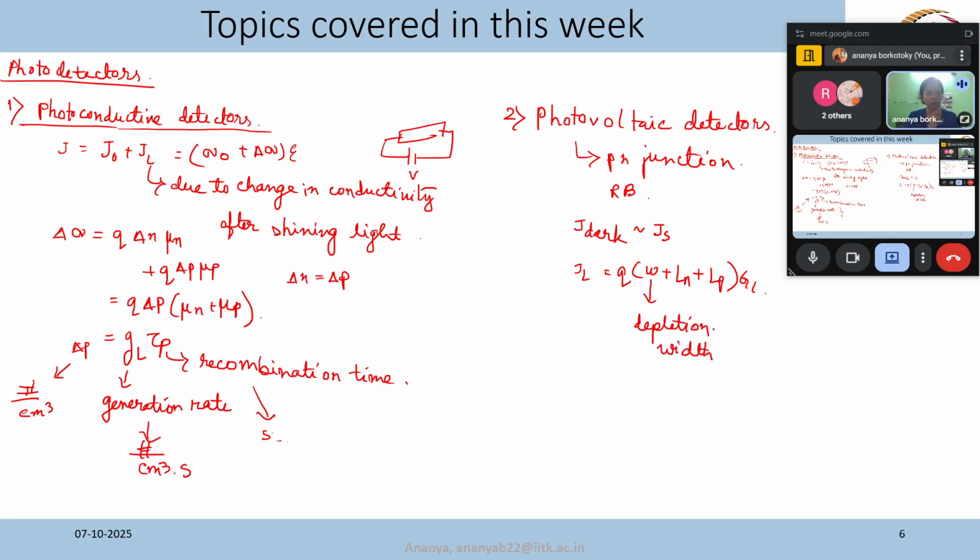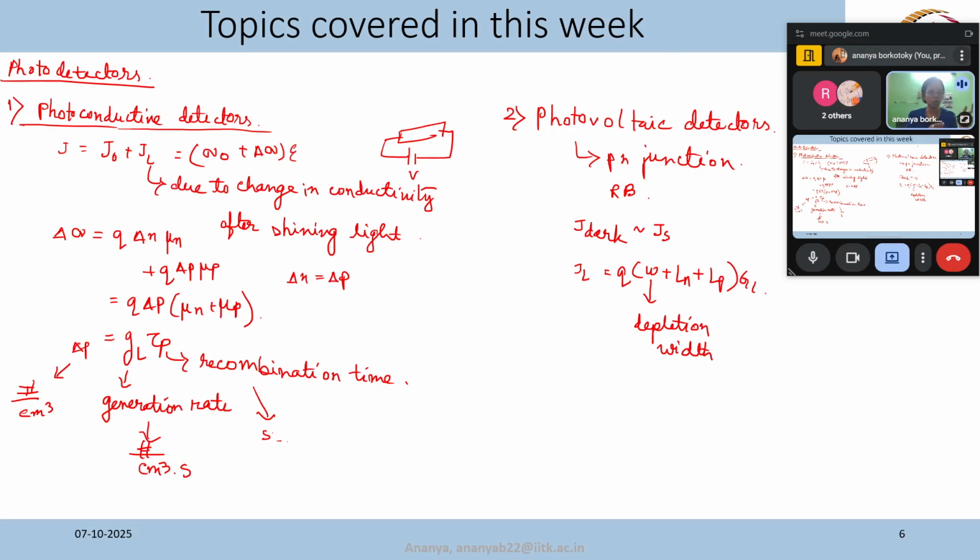If we have a larger depletion width, we can have more electron-hole pair generation, and that basically increases the current. Ln and Lp are the minority carrier diffusion lengths. You already know that there should not be any recombination.